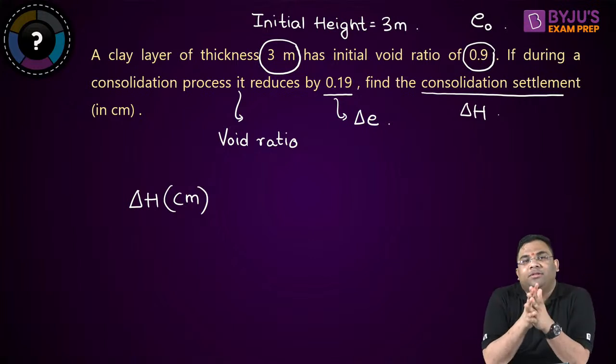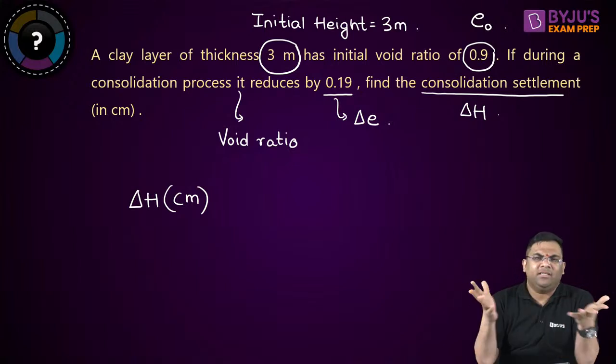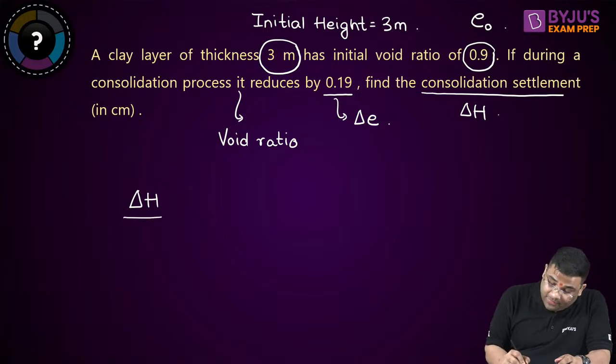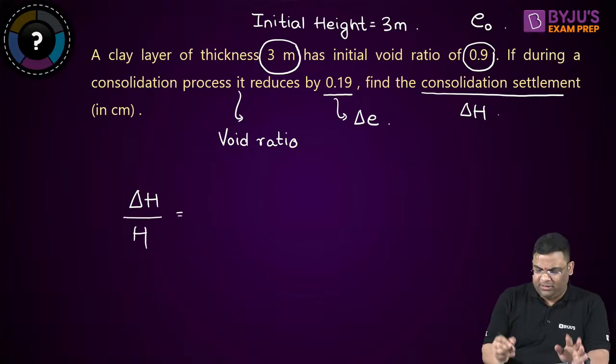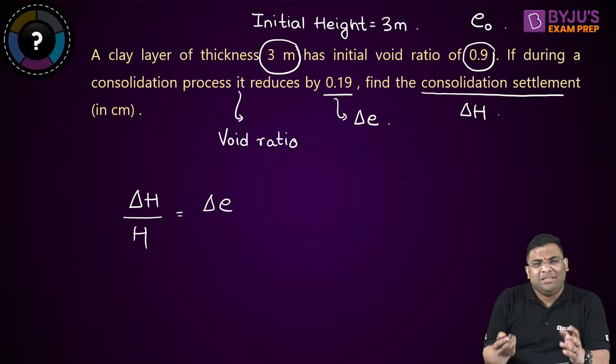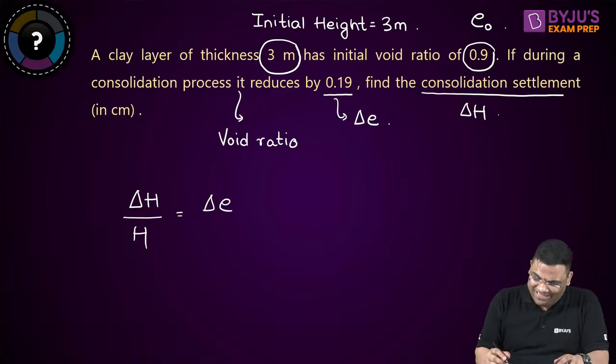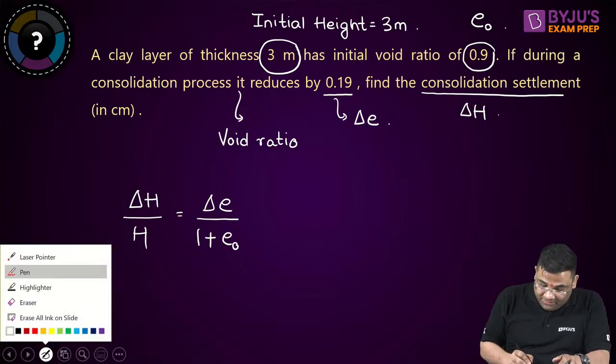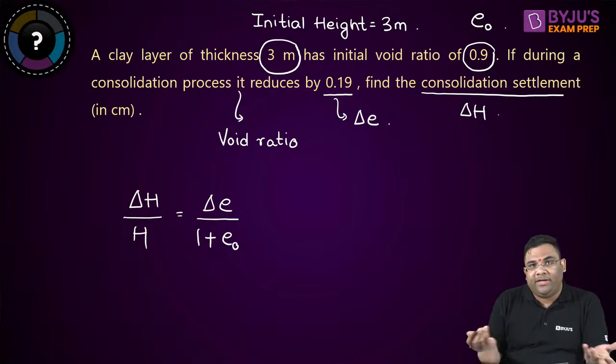Very straightforward question. Just 30 centimeter. You see this equation, delta H by H. Now you might think, sir, so easy, so simple questions. No, this is the type of question they're asking in exam. See, things become easy when you study them. Nothing is difficult. If you don't study, everything is tough.